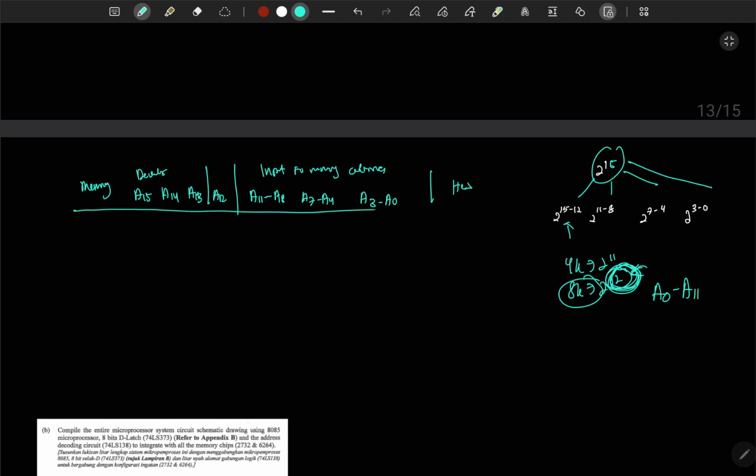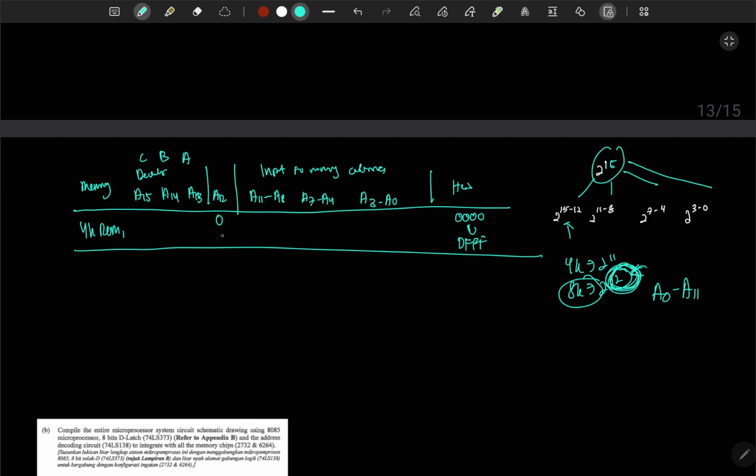Now we have this. The first thing we're going to do is 4K ROM 1. We know that the hex, if we start from 0, is going to be 0FFF. The clever way that we're going to do is make this CBA for the decoder, so we don't care about this.